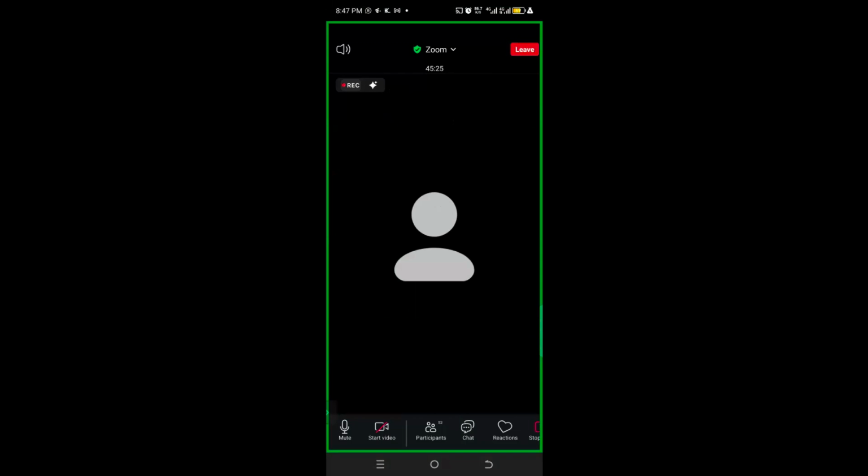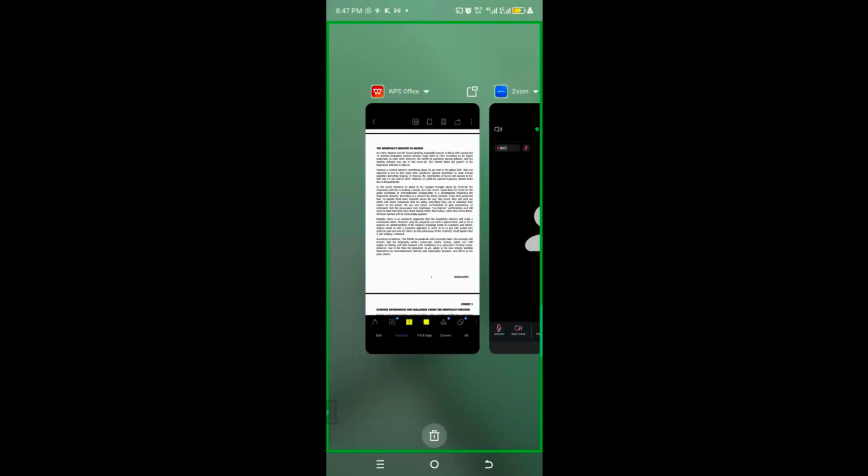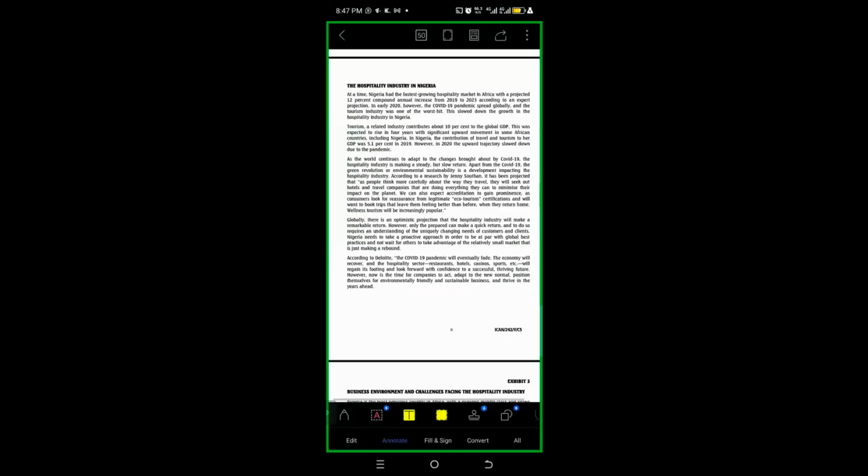Continue. The hospitality industry in Nigeria. At the time, Nigeria had the fastest growing hospitality market in Africa, with a projected 12% compound annual increase from 2019 to 2023, according to an expert projection. In early 2020, however, the COVID-19 pandemic hit the industry among the worst.